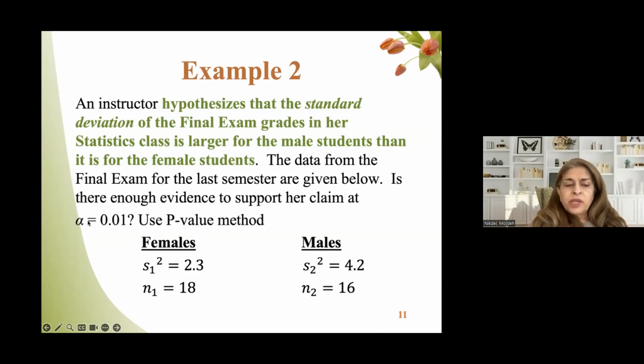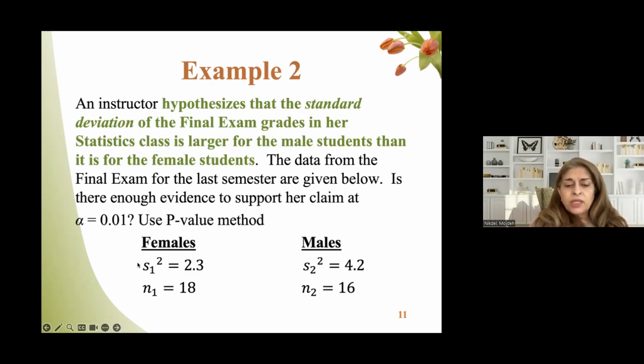We want to test the claim when alpha is 0.01, using the p-value method. We want to see if standard deviation of male group is larger than the standard deviation of the female group. First of all, our parameter is a standard deviation, sigma.